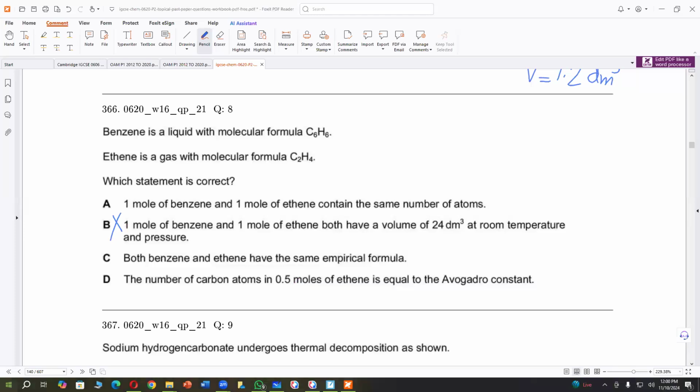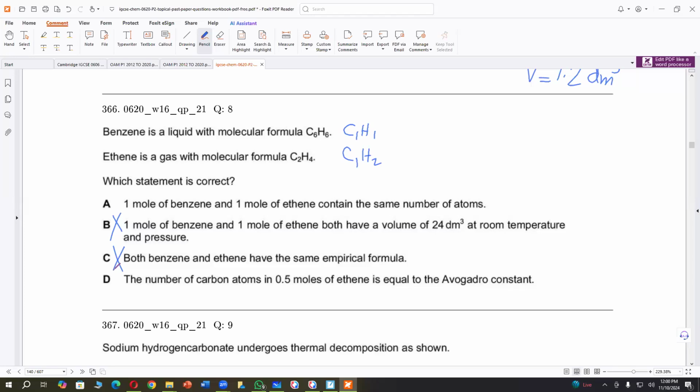Its empirical formula, I think it might be C, 1, 1. Wait, no, it's 1, 2. That's also wrong. The number of carbon atoms in 0.5 mole of ethene is equal to the Avogadro constant. We can find it.